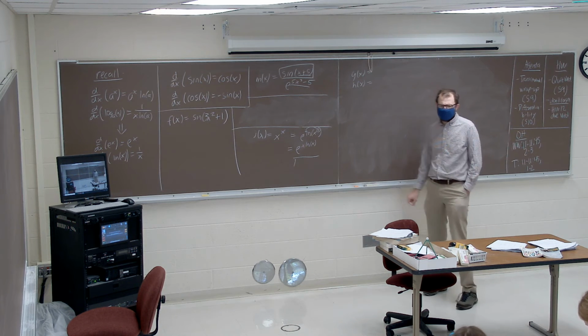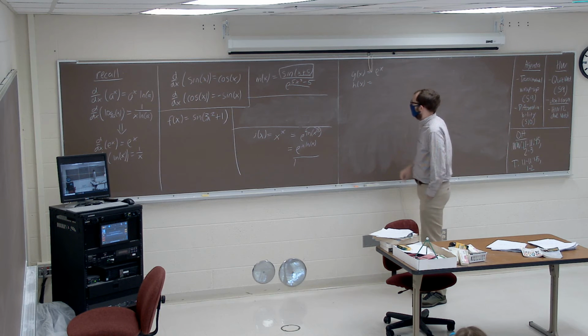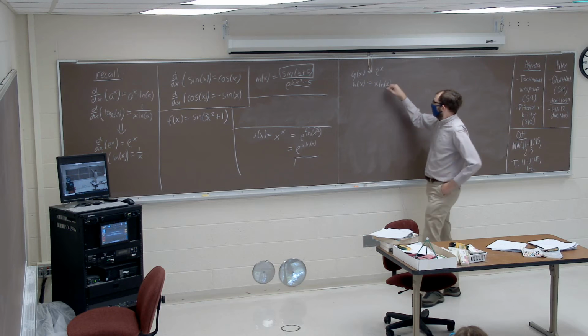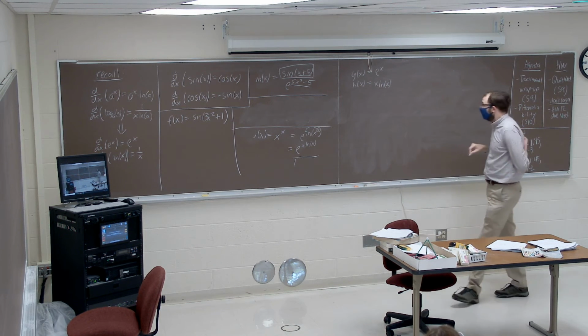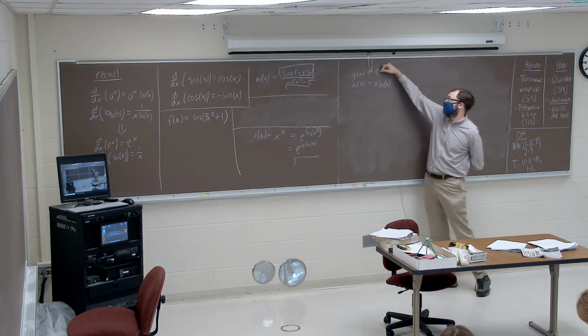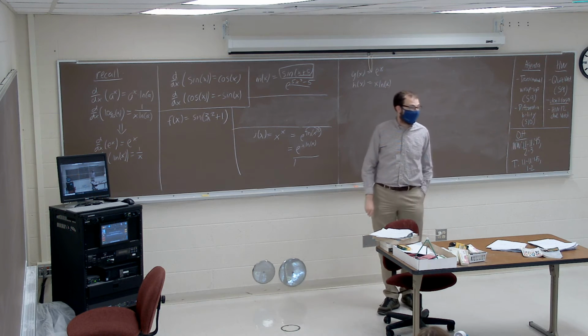G of x would be e to the x, and h of x would be x ln of x. Does that sound good to you? Sounds good to me. Yeah, because if we took g of h of x, if we replace this x with h of x, we would get our original function.